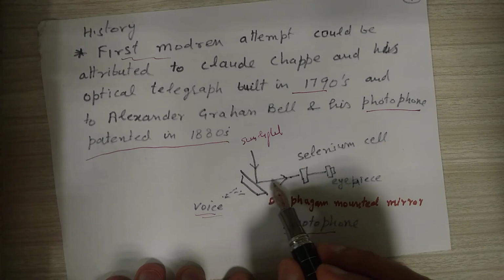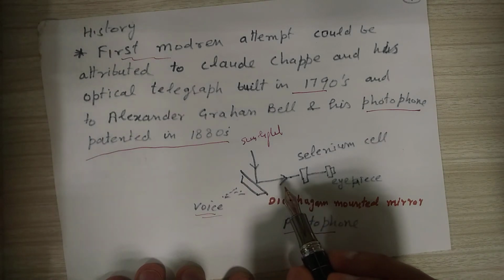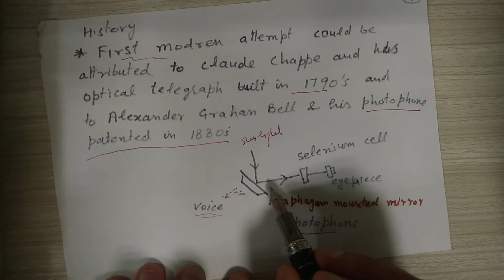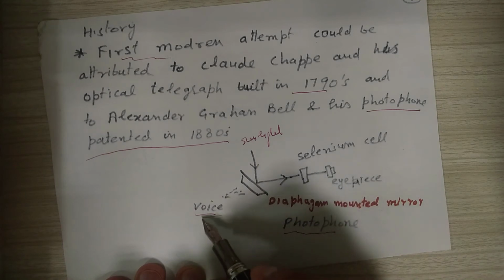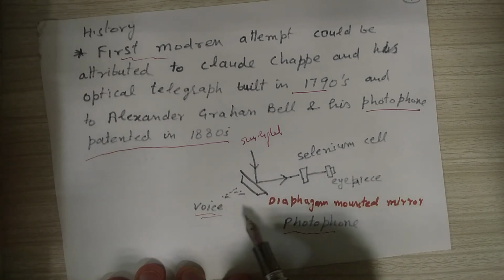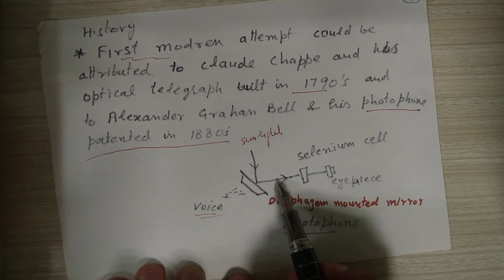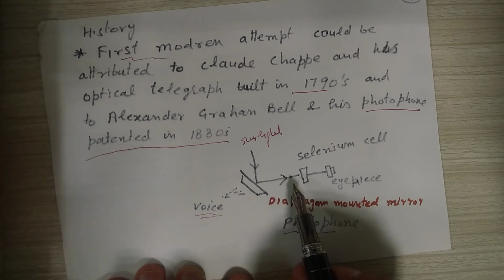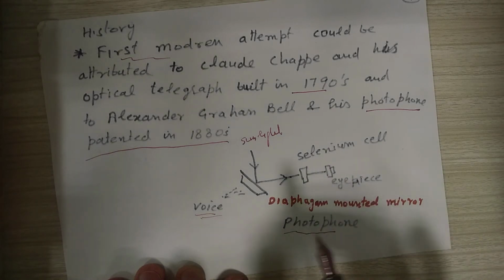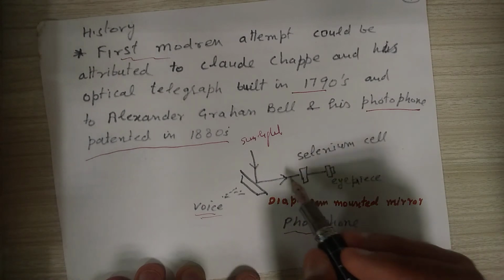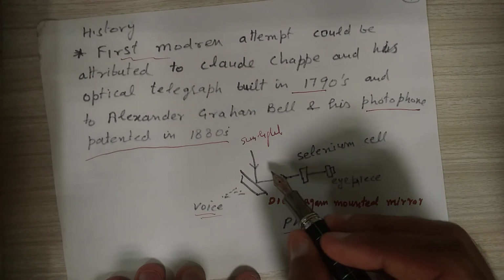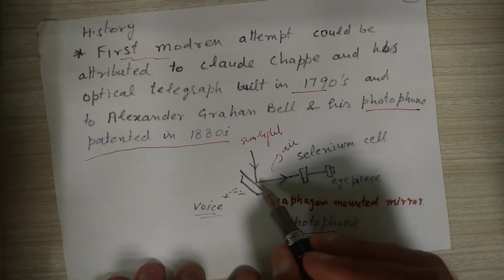Here they send these signals. For example, this is voice, this is the signal, and this is the carrier. So they sent this signal not through any fiber, at that time there was no fiber. They simply sent it through the air, the simple air.